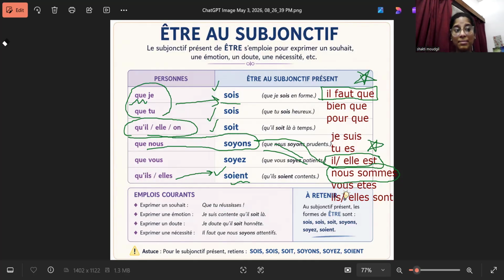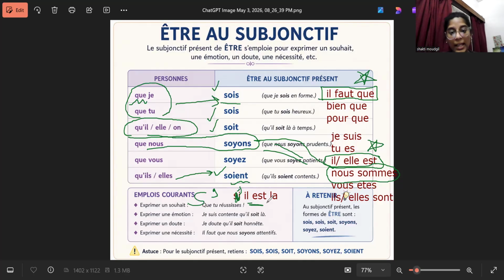If it had been something else like je suis content s'il est là, then we would use the indicative form, which is il est. There is an apostrophe here because we cannot put two vowels together. So s'il est là.